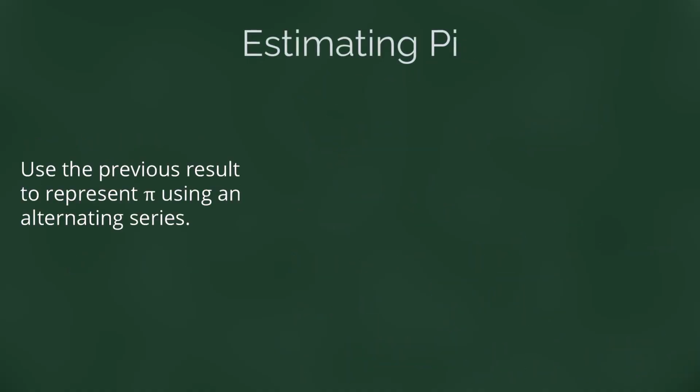Okay, we just saw that the function, the inverse tangent of x, can be approximated or is equal to the power series from k equals 0 to infinity of -1 to the k times x to the 2k plus 1 all over 2k plus 1, and that converges on the closed interval -1 to 1. Let's see how we might use that to estimate a value of pi.